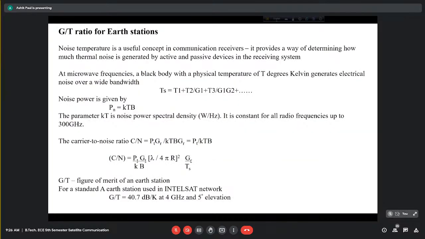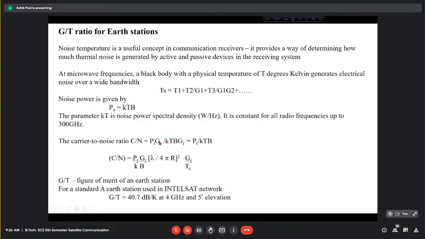So what we can say is that the carrier to noise ratio, in place of the carrier, you put the value of the received signal, given by Pt into GT into GR divided by kTB.